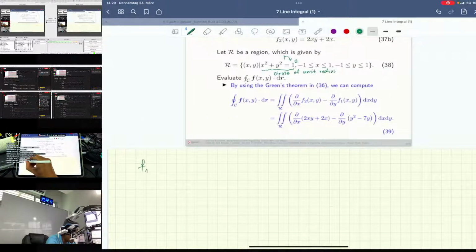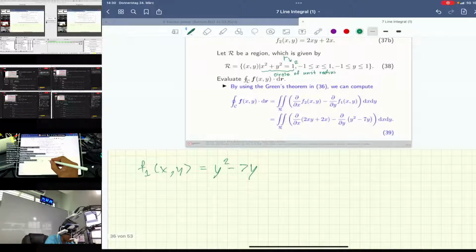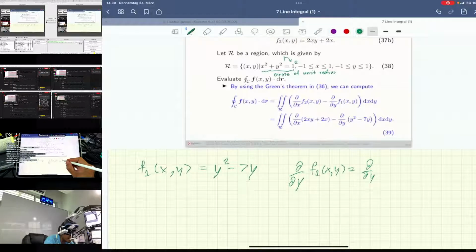Of course, as you know, f1 is y squared minus 7y, and consider the partial derivative with respect to y of f1. It's going to be the partial derivative with respect to y of y squared, minus 7 times the partial derivative with respect to y of y, right?